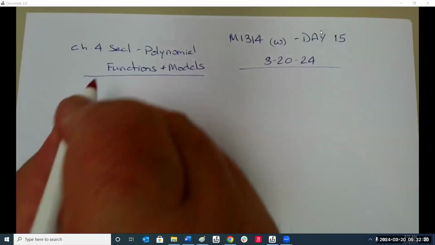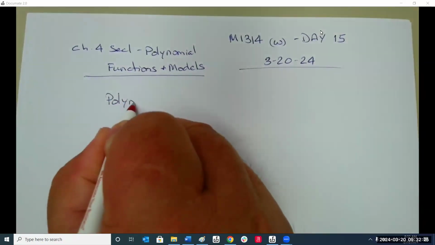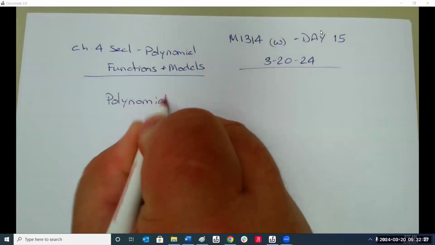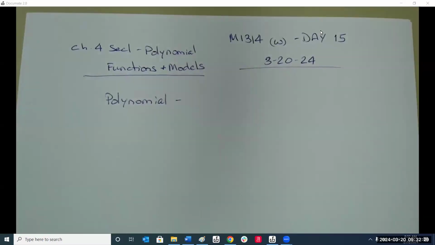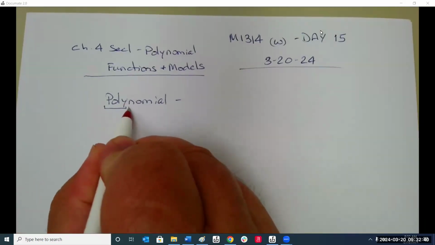Okay, first off, what does a polynomial function mean? What does a polynomial mean? Look at the stem of these words.